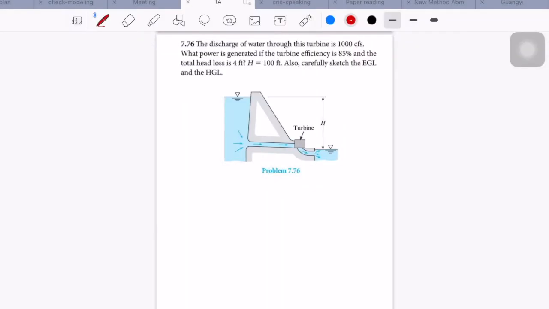For the fifth problem, we need to find the power generated by the turbine and sketch the EGL and HGL. First, we locate 1 at the upper water surface and locate 2 at the lower water surface, and we also set the lower water surface as the datum.